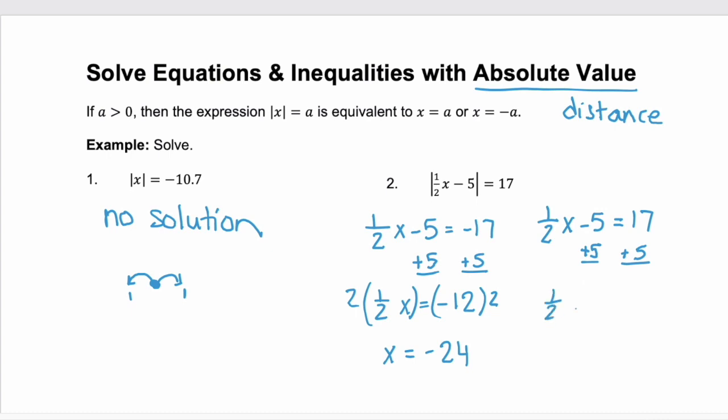We have 1/2 x equals 22. Multiply both sides by 2, and x is equal to 44. So when x is negative 24 or x equals 44, the absolute value here is equal to 17.